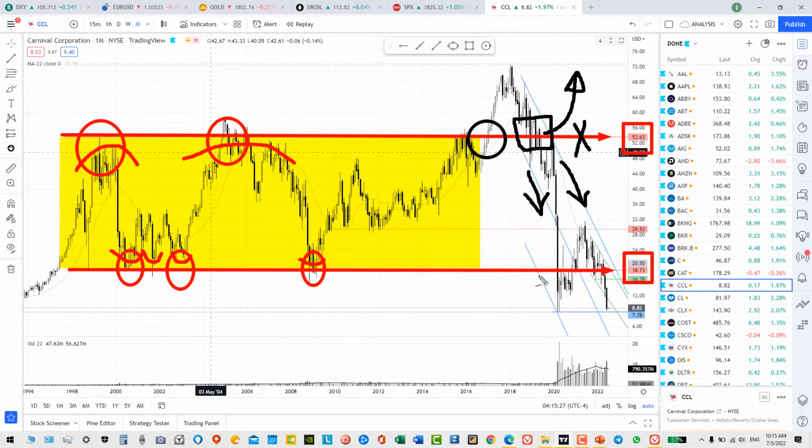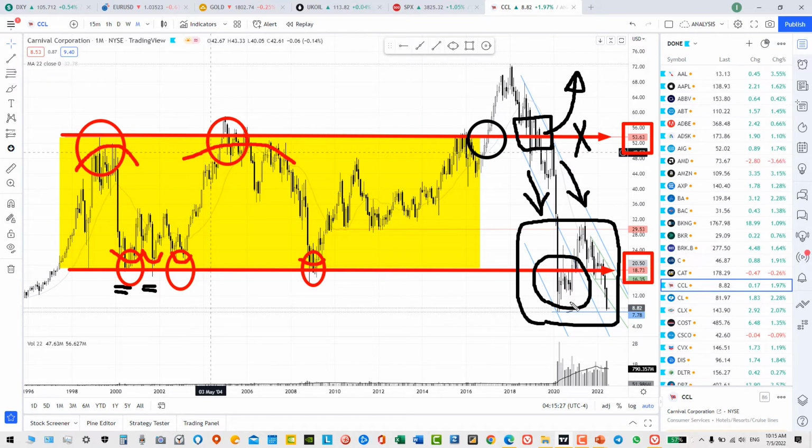It even broke the monthly support around $19, and we can see here that the $19 is not as strong as it was before. Long time ago, this level or this area managed to push the stock upwards relatively quickly with much lower volatility.